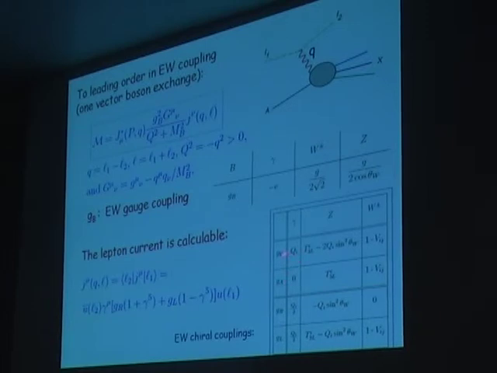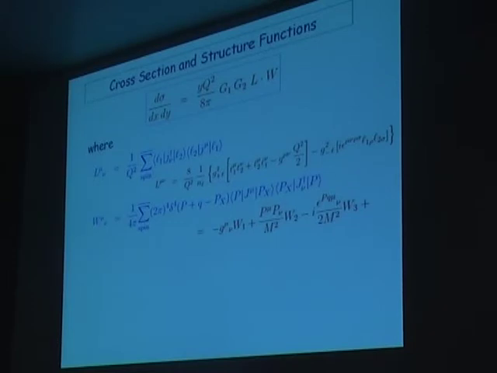Here is a list of the vector and axial vector couplings, or equivalently the right-handed or left-handed couplings, for gamma exchange, Z exchange, and W exchange, depending on the electroweak isospin and charge. These are all in textbooks. With quarks, in addition, you have the mixing matrix, the CKM matrix. All are in textbooks, but I want to mention them so you know in the back of your mind what's involved. All right, the cross-section is given by the square of the matrix element, which I just mentioned.